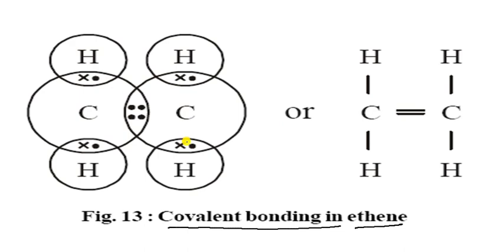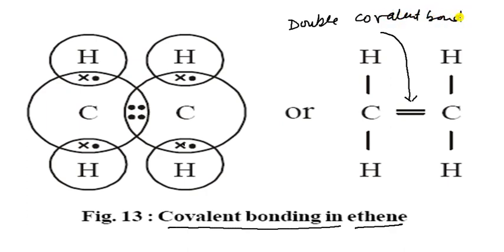Let us see, that one is the ethene molecule. So it is the covalent bonding in ethene. So you can see here covalent bonding in ethene. There are 2 carbons, and carbon has 4 electrons, so 1, 2, 3 and 4. And this carbon also has 4 electrons, 1, 2, 3 and 4. And hydrogen has only 1 electron. This one is one, only one, this one, and this and this.